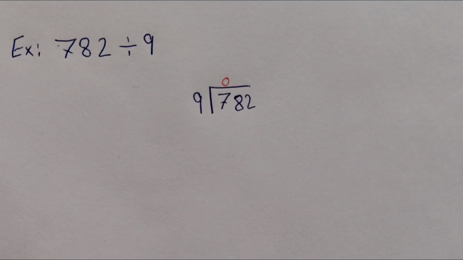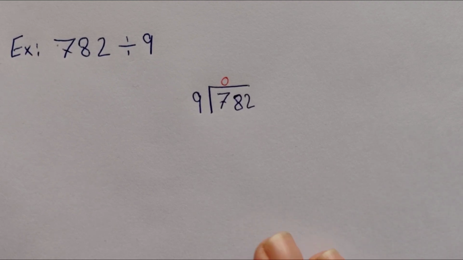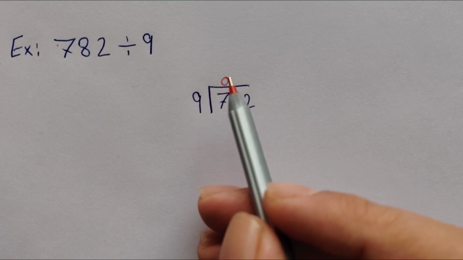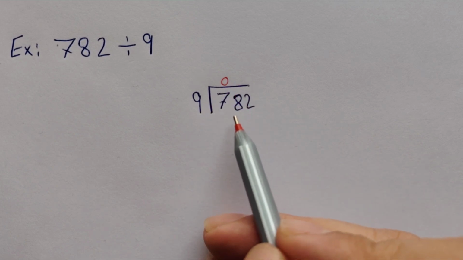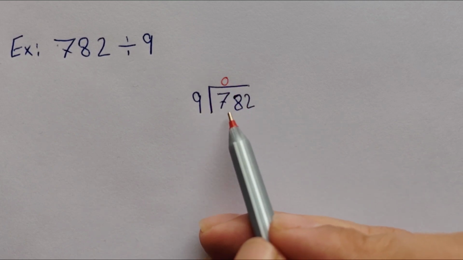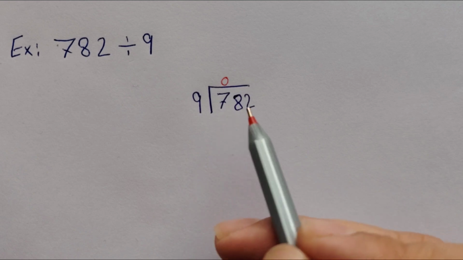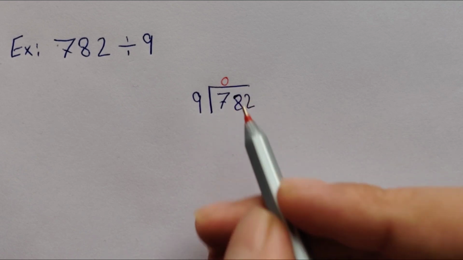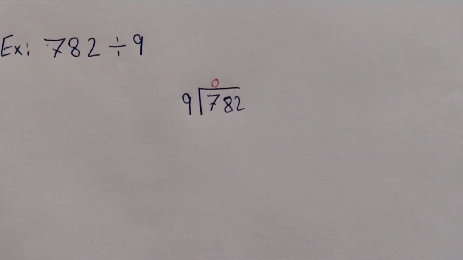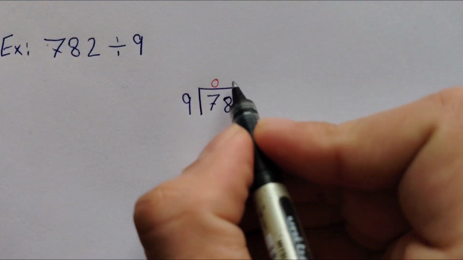Same, how many 9s can we fit inside 78? Or we can think of a multiplication. 9 times what is the closest to 78? It should be equal or less than, not bigger. For example, let's say we write 9.